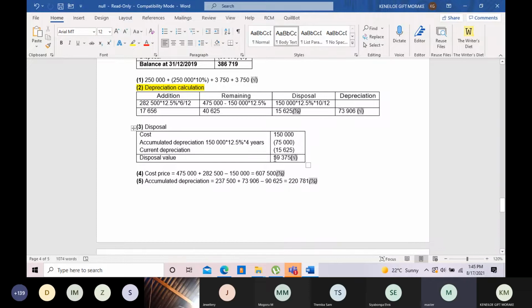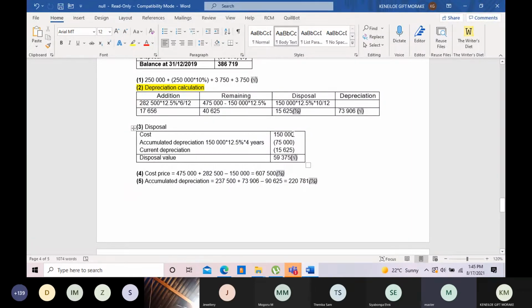You carry this 15,625 forward here. We calculated the 75,000 by saying 150,000 multiplied by 12.5%, multiplied by 4 years. From there, we have this 15,625.